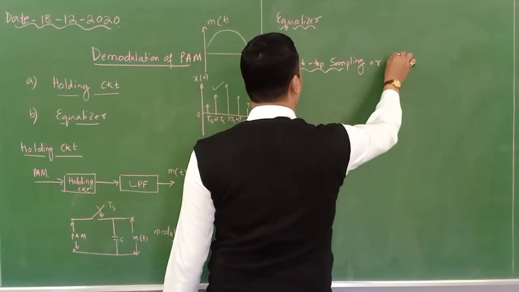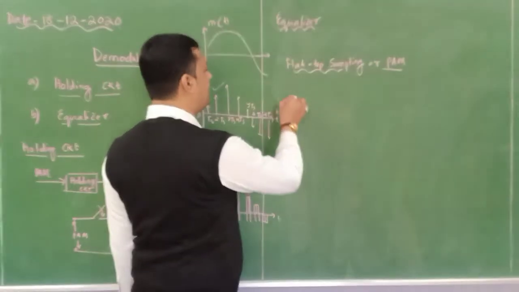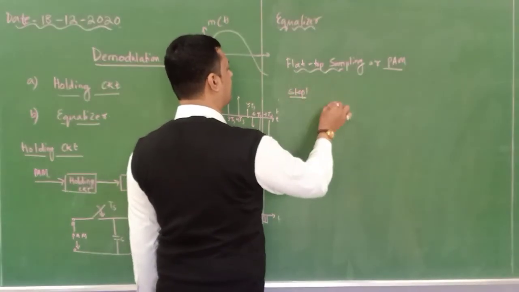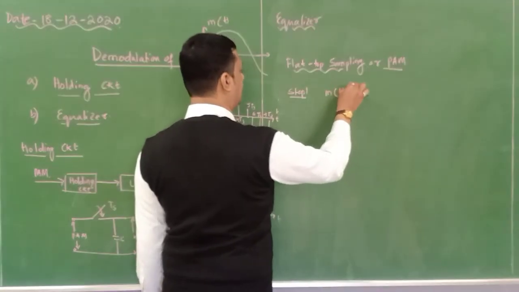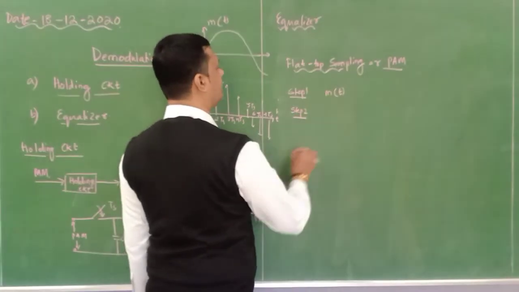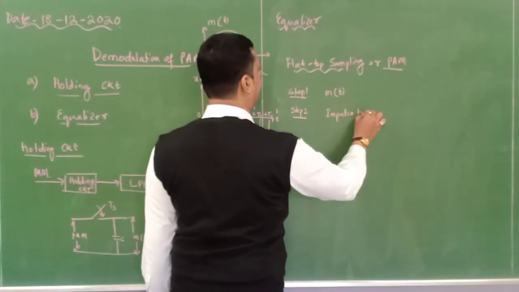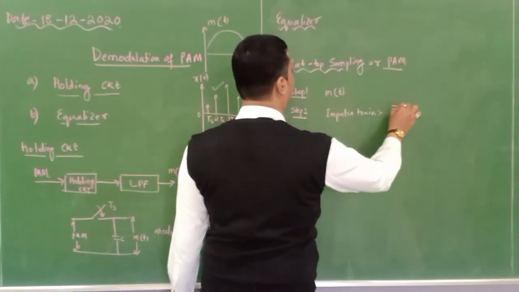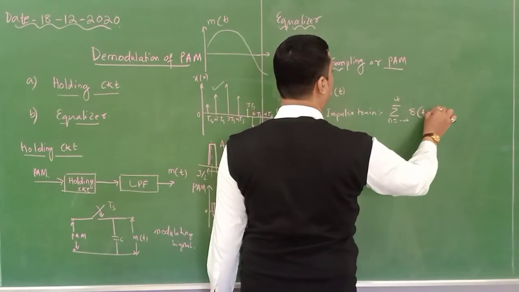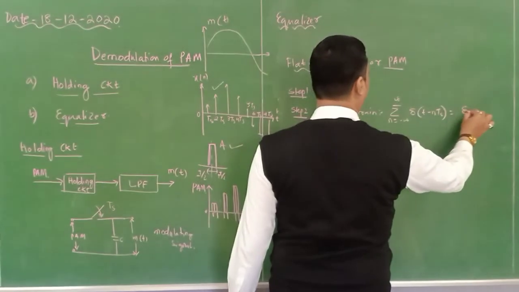or you can say generation of a pulse amplitude modulated signal, we followed these steps. First step is the modulating signal is used. Then step 2, the impulse train, that is summation n equals minus infinity to infinity of del of t minus nTs.